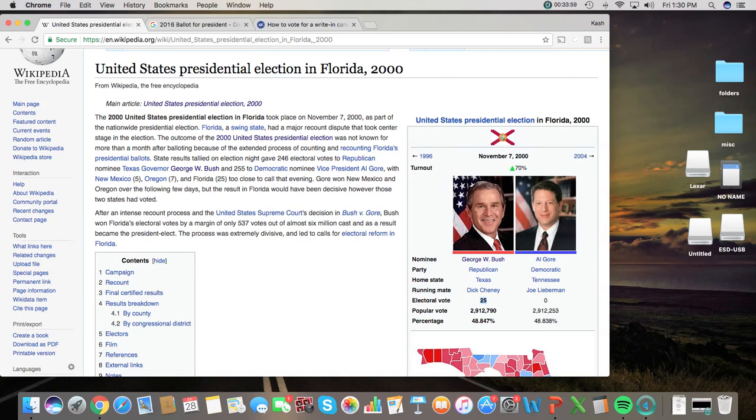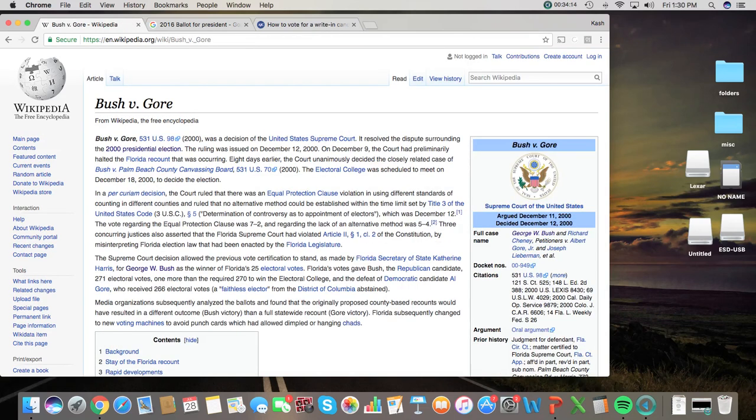And this thing went on, and it even reached the Supreme Court of the United States because there was, I guess you could say, controversy over the recount and over who those votes should go to, and which recount should be counted or chosen or used, because one recount said it was Al Gore, and another recount said it was George Bush.